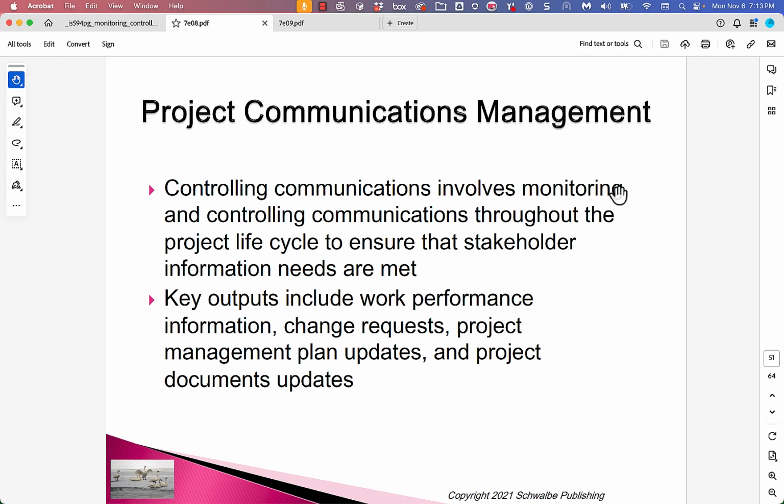Now, it doesn't say it here, and I don't think it says it in the textbook, but you could be sending reports to everybody in the world and they could not be reading them.